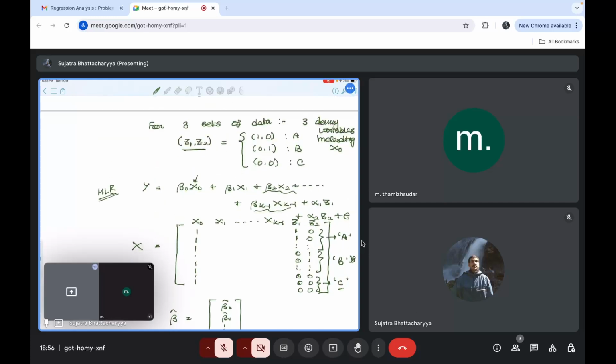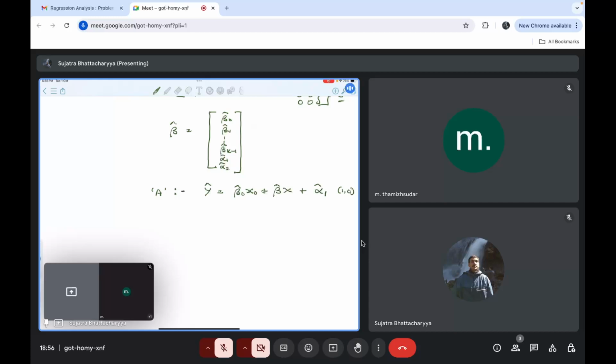So here z1 is 1, so alpha 1 will remain, z2 is 0, so alpha 2 will go. Okay, so this will be your A. For B, you have y hat equal to beta naught hat x naught plus beta hat x plus alpha 2 hat because it is 0 1. So alpha 2 will remain because z2 is 1, but z1 is 0, so alpha 1 hat is gone. For the C set, both are 0, so you will have simply beta naught hat x naught plus beta hat x.